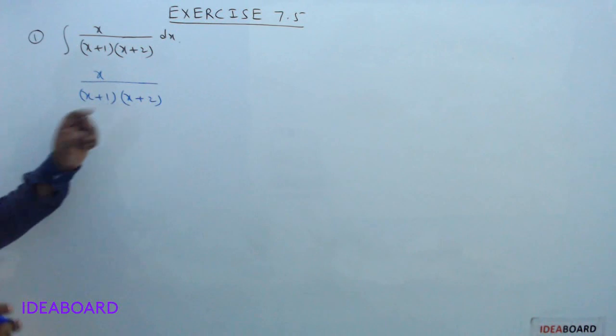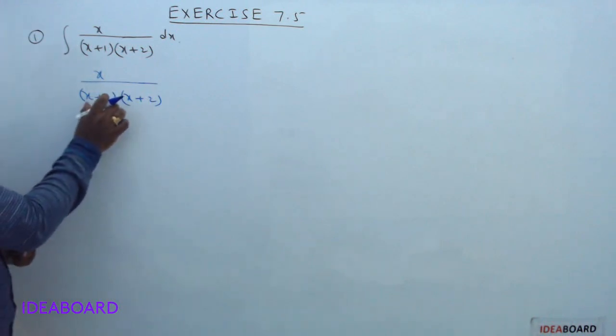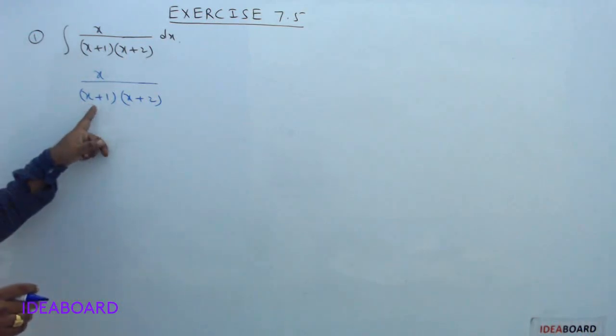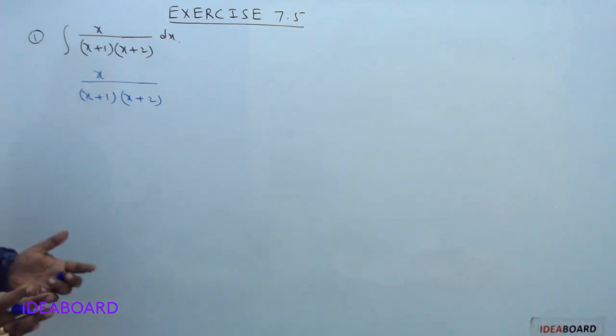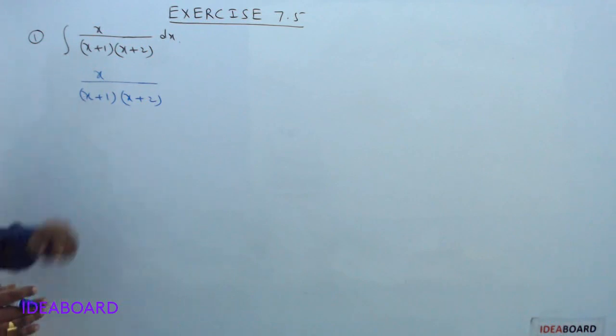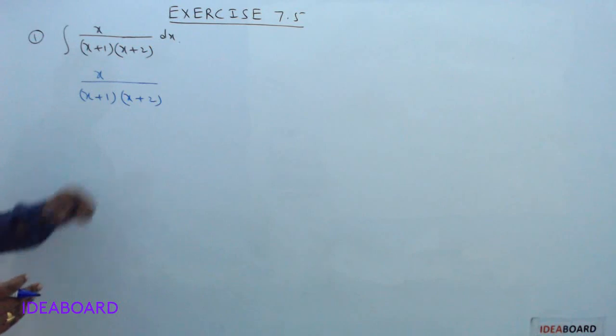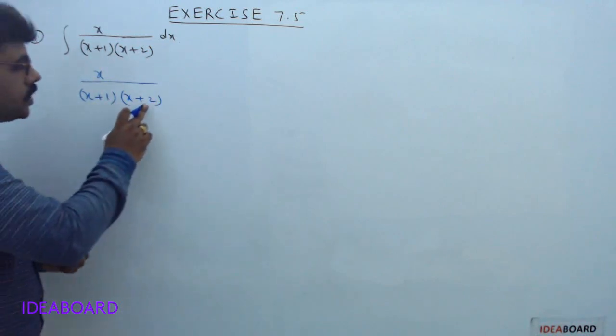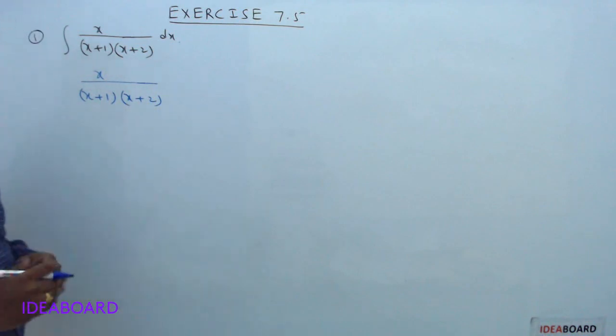Next, observe the denominator. X plus 1 is a linear factor because its degree is 1. Is it repeated anywhere in its denominator? No. So, x plus 1 is called a non-repeated linear factor. What is the degree of x plus 2? 1. So, it is called a linear factor.